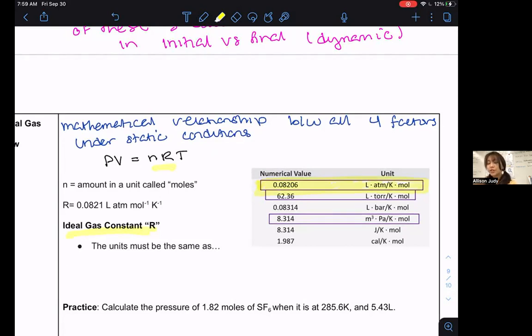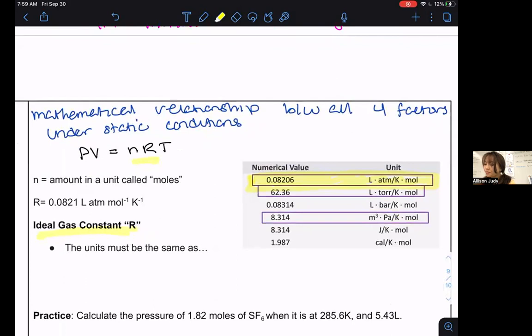For right now, just know that there's a new unit. Just accept it, take it. So that's going to be our chosen R constant.